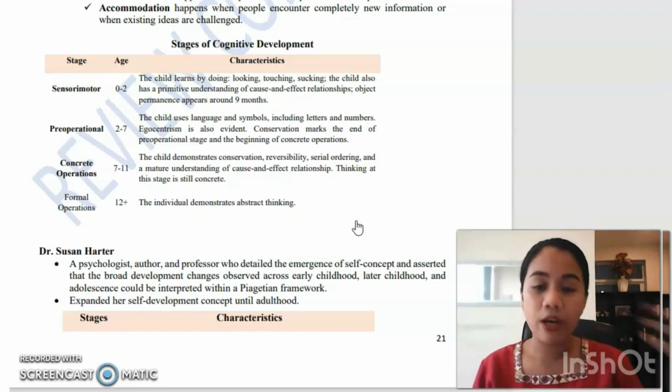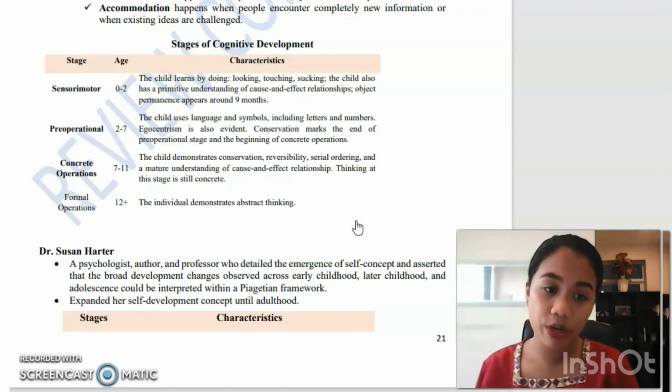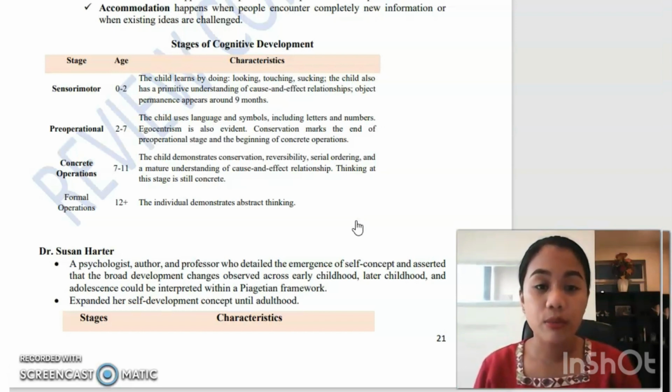Now, for the concrete operations, it's between 7 to 11 years old. It is where the child demonstrates conservation, reversibility, and serial ordering.